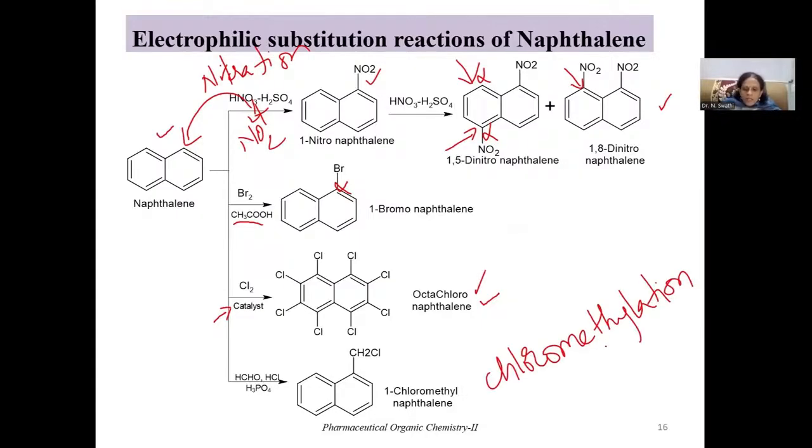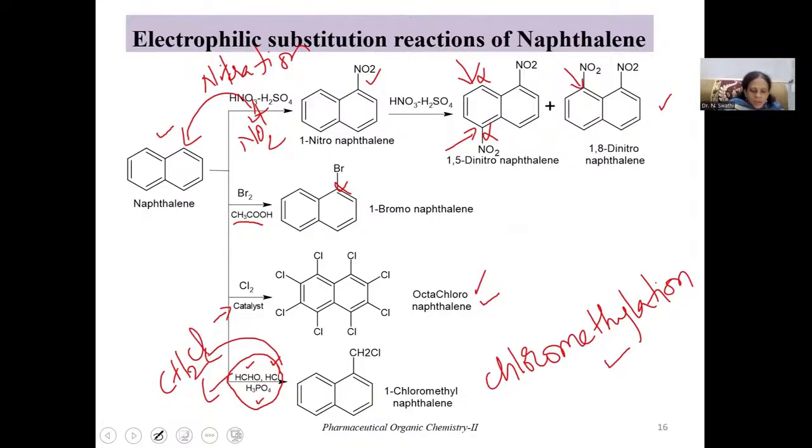Another reaction is known as the chloromethylation reaction. This reaction occurs in the presence of formaldehyde, concentrated HCl and phosphoric acid. When these chemicals are treated with naphthalene, the CH2 group is taken from formaldehyde, and Cl is taken from HCl.